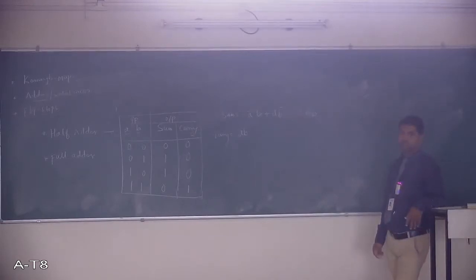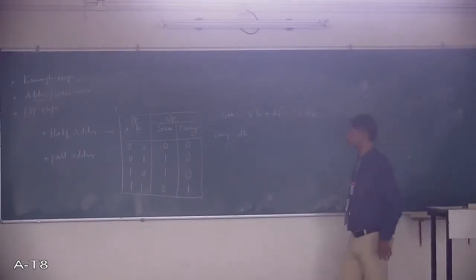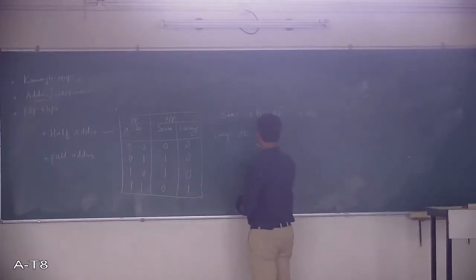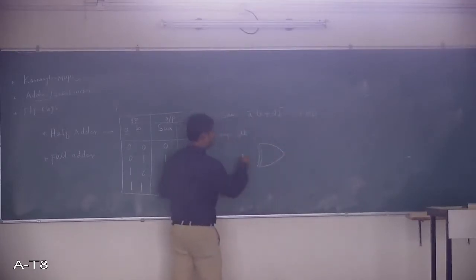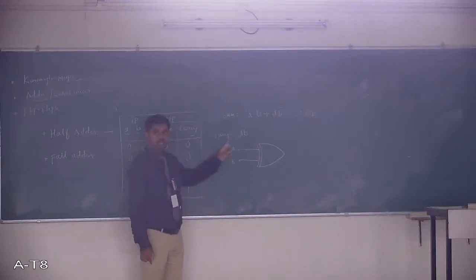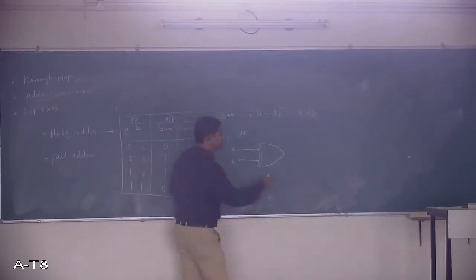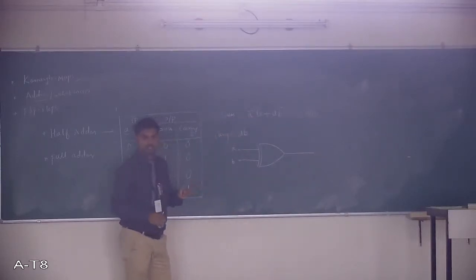How to implement with a circuit? I need an XOR gate and it is having 2 inputs, A and B are 2 inputs, and output of this is always an XOR operation, A bar B plus A B bar.